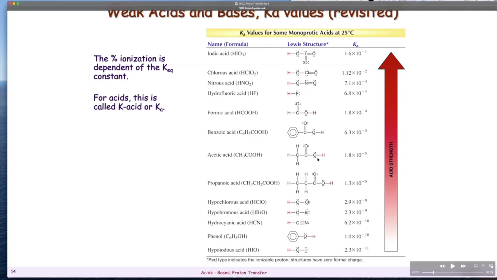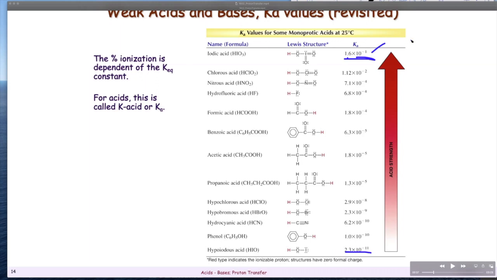All these chemicals only have one hydrogen that can come off, which is why they only have one Ka. Among the Kas here, this is the largest, and this is the smallest among the list.